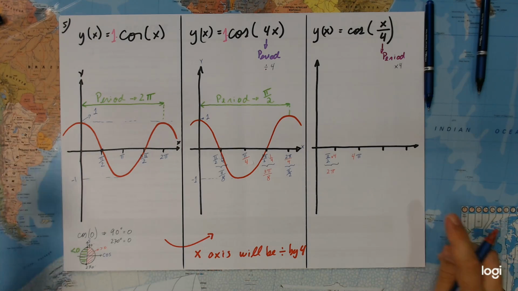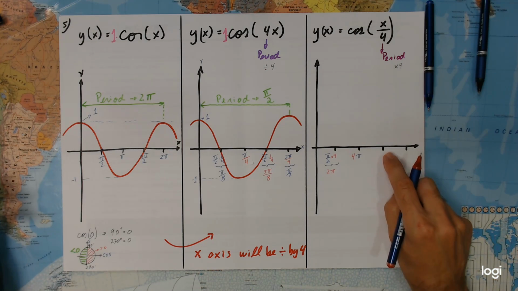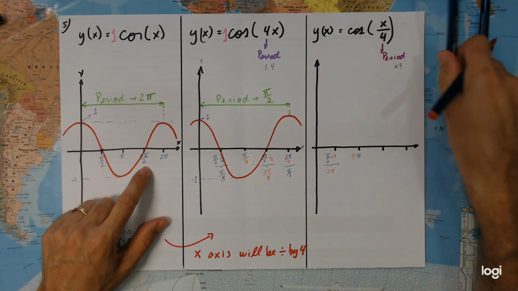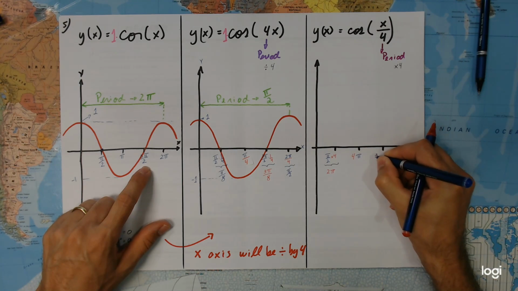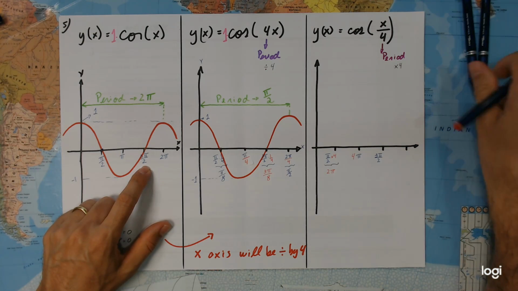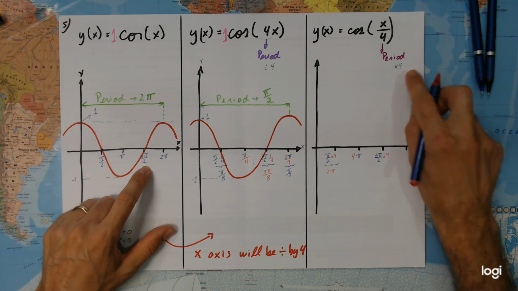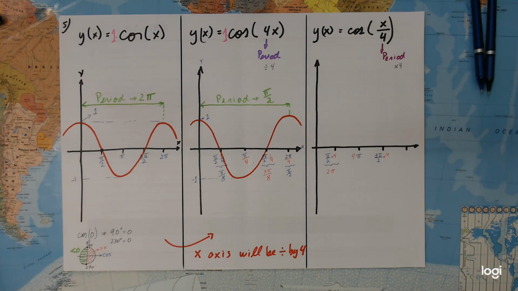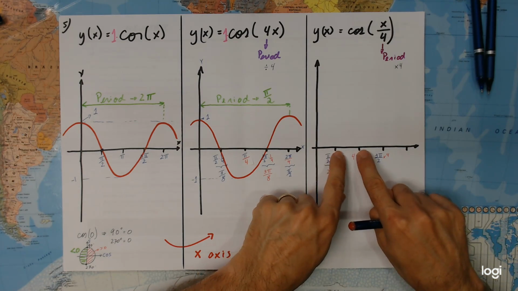Can you see? 2 pi, 4 pi, this is going to be 6 pi, okay? Let's just check. Well, it used to be 3 pi over 2, right? We have to multiply by 4, always by 4. If it's not 6 pi, then something's wrong, okay? Because those spaces in here, they are always the same.